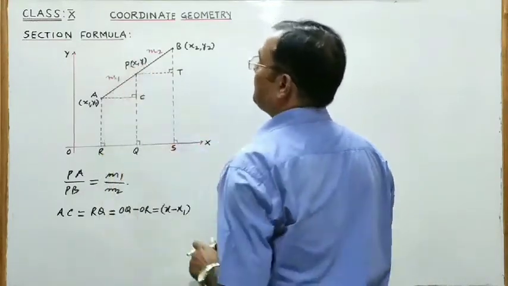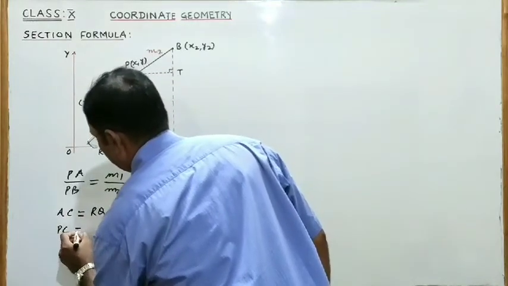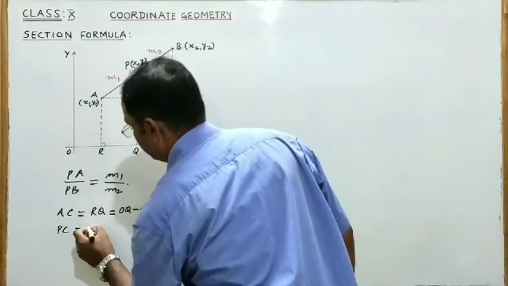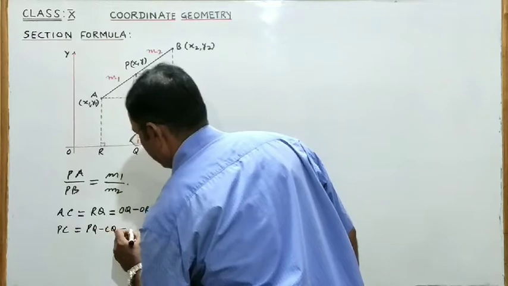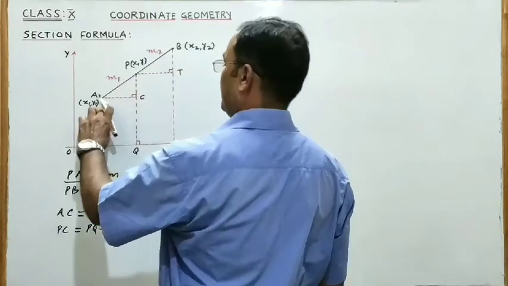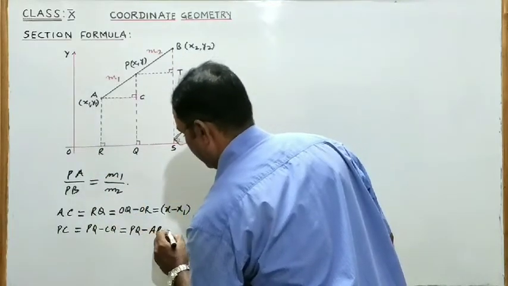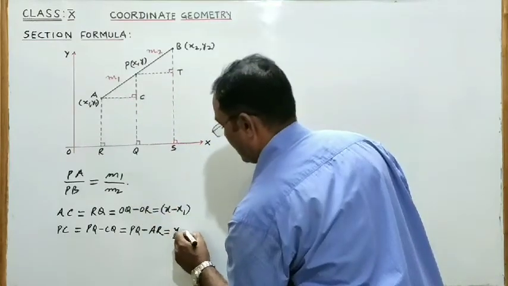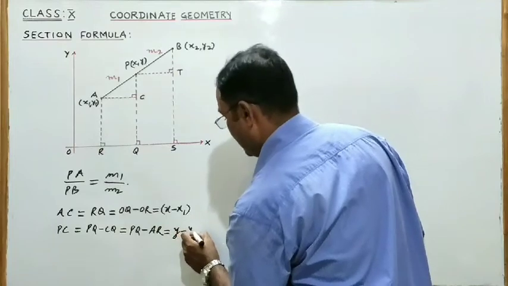PC is equal to PQ minus CQ, which is equal to PQ minus AR. PQ is y and AR is y1. So y minus y1.